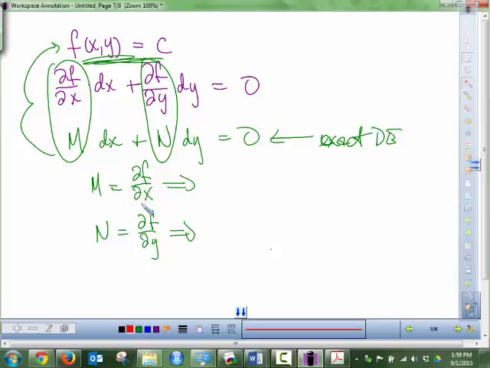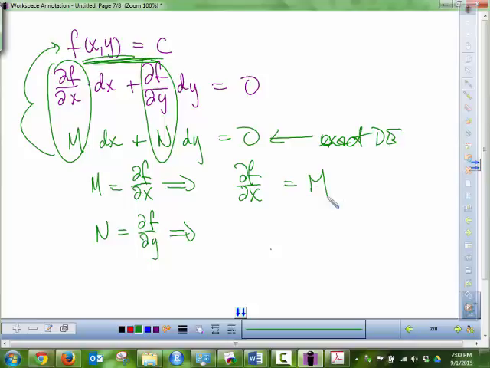So in order to obtain f from here, I'm going to have my partial of f with respect to x. That means originally I took the derivative of f with respect to x. So if I want to obtain f again, what do I need to do? I need to integrate it with respect to what?